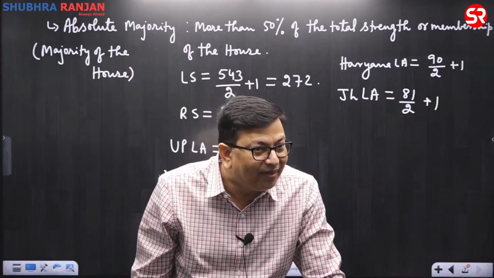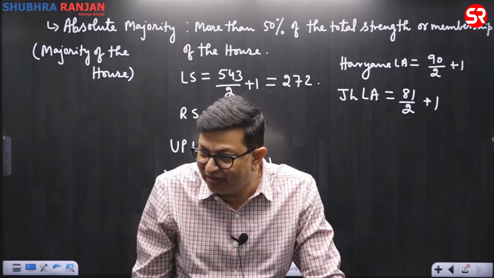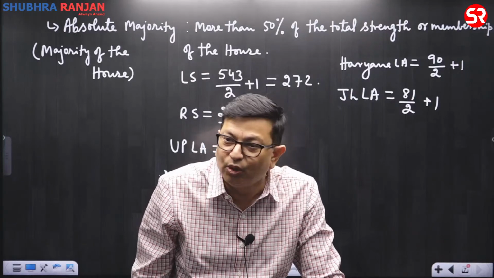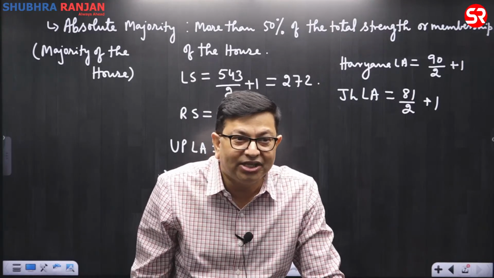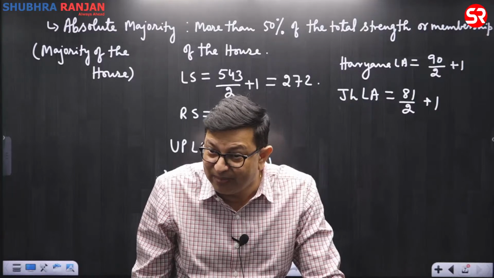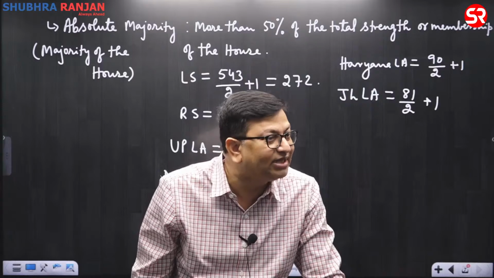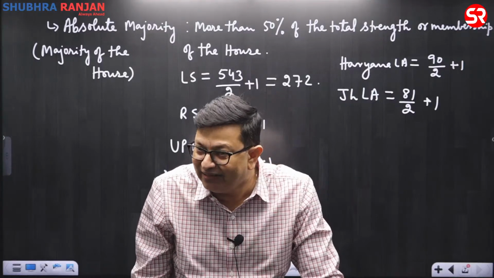In Telangana, we have the Congress government, because the Congress got more than 50% of the total seats. In Andhra Pradesh, we have the Telugu Desam Party's government, because the Telugu Desam Party got more than 50% of the seats in the Legislative Assembly.